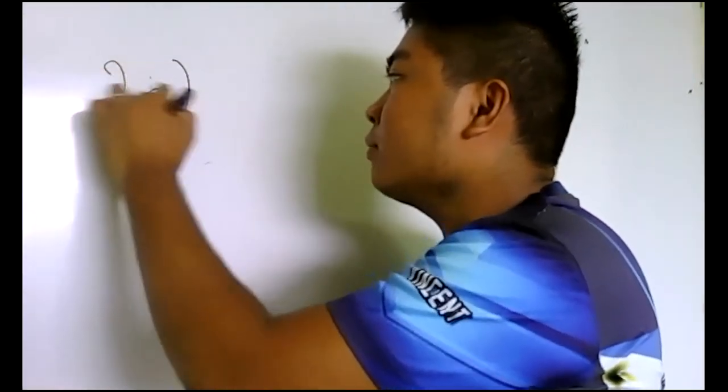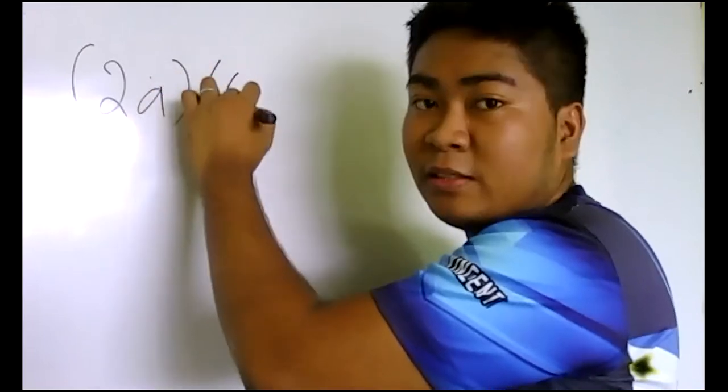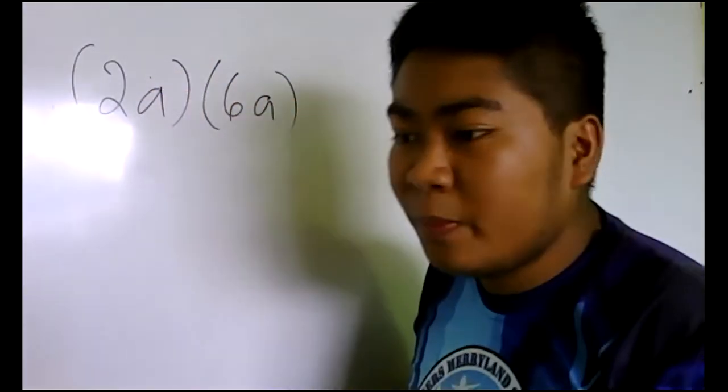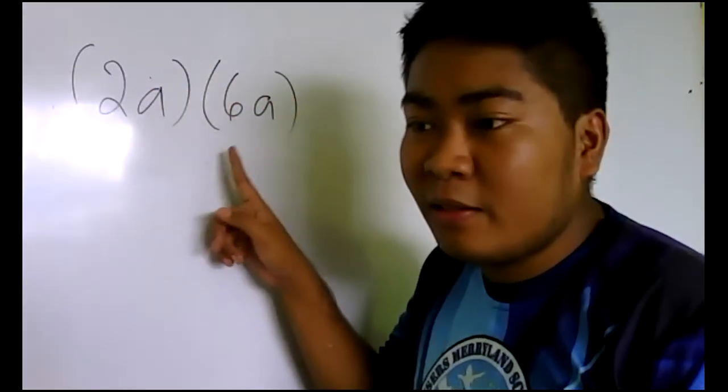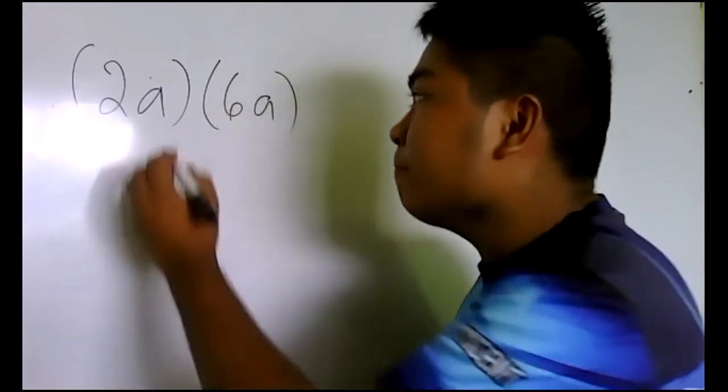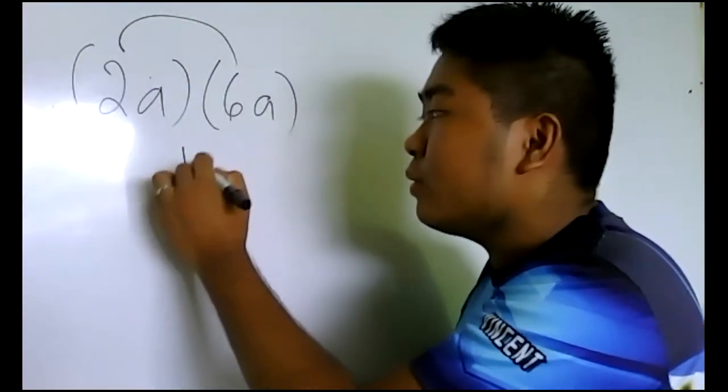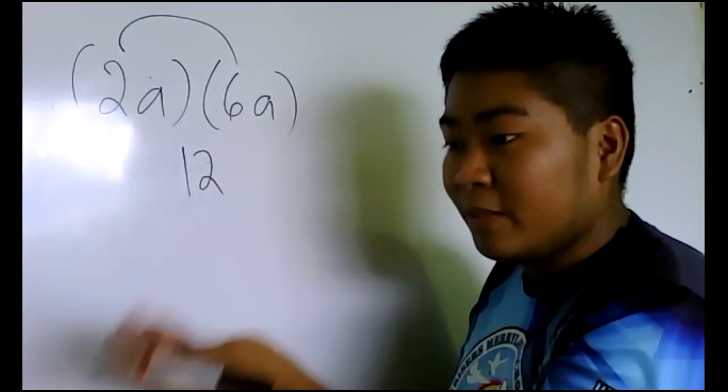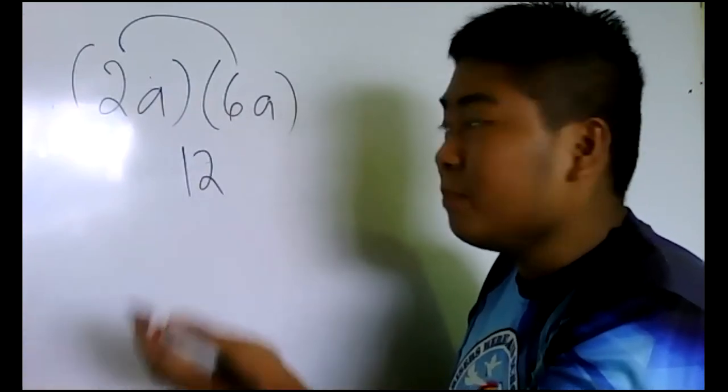Ayan. So we have here 2a multiplied by 6a. So paano naman yan? This is just a recall on multiplication again. 2 times 6 is equal to 12, the same as the first example.